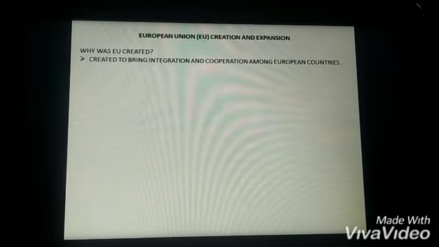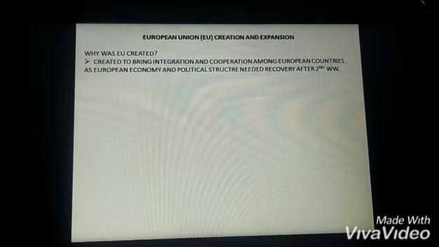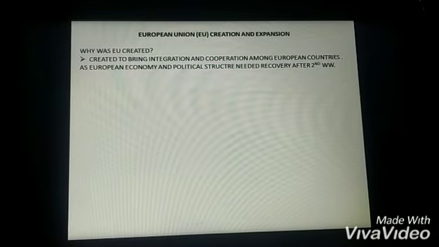Okay, why was EU created? European Union was created to bring integration and cooperation among the European countries, and this became a needed thing because the economic and political structure of the European countries deteriorated during the Second World War, and these structures needed to be recovered from the effect of the war.